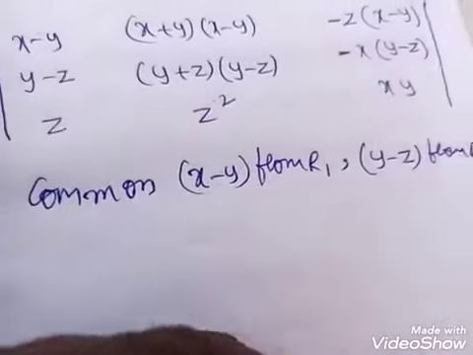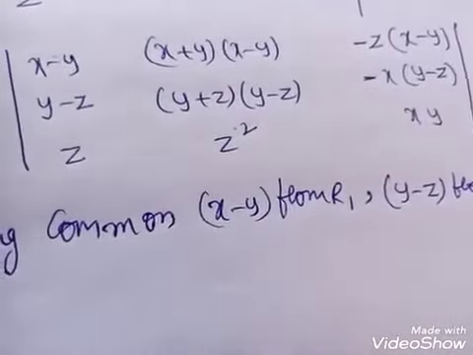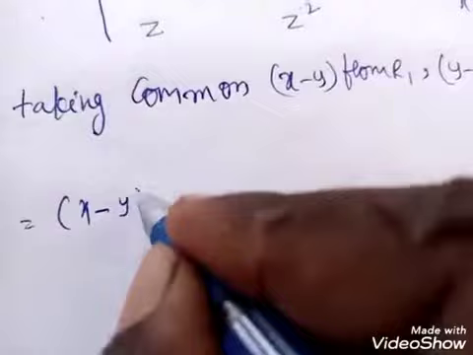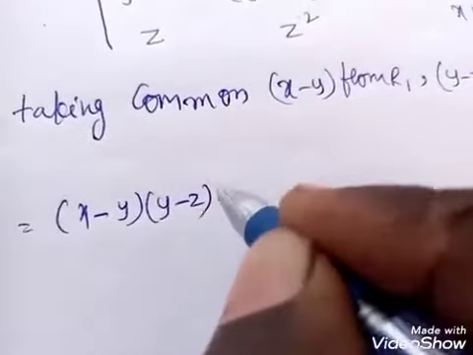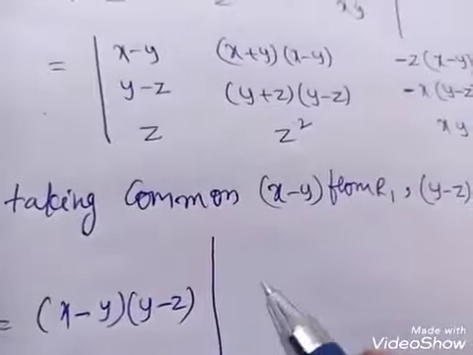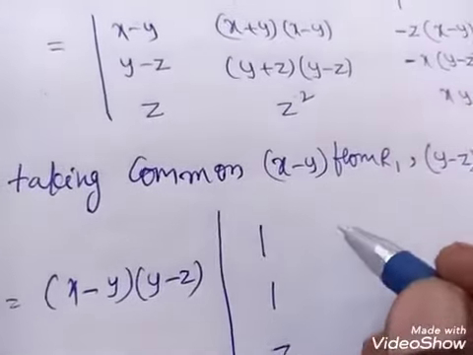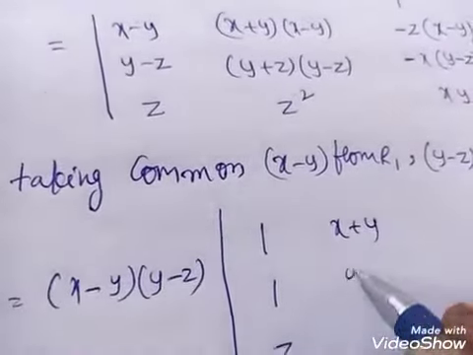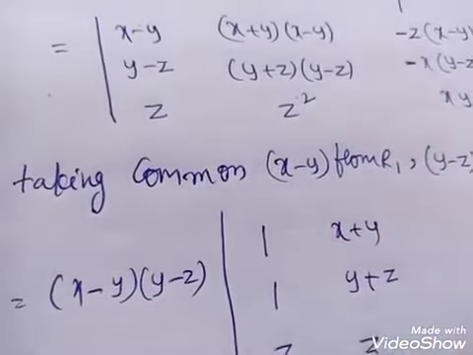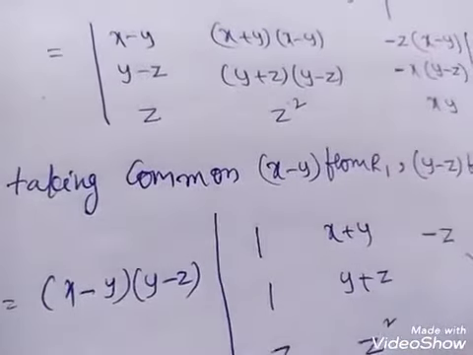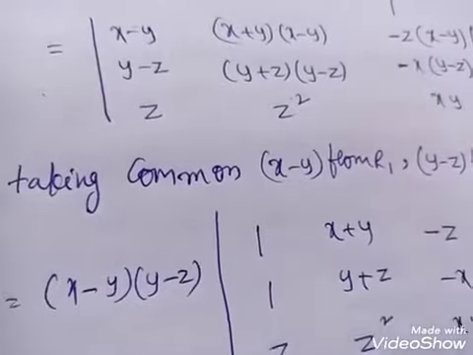Now what are you going to get? Observe there: x minus y into y minus z into the determinant of 1, z, x plus y plus z, z square minus z minus x, xy.